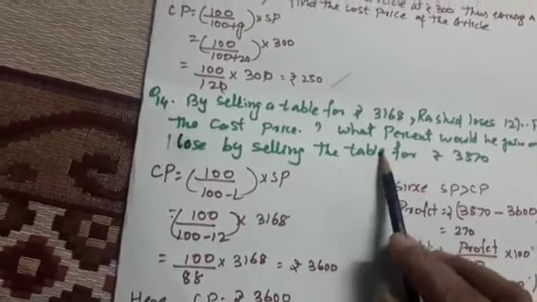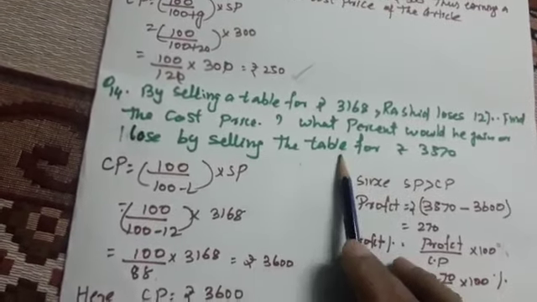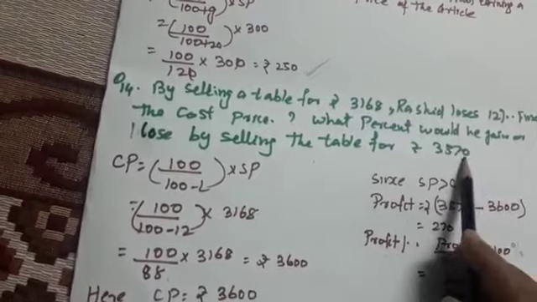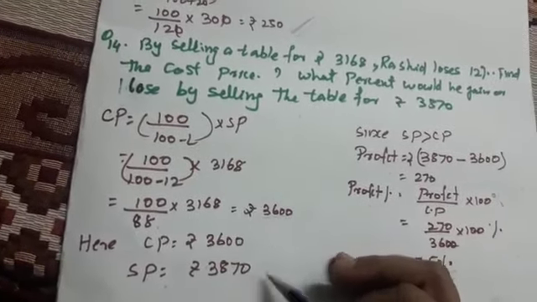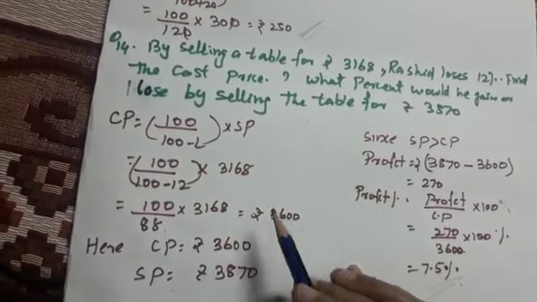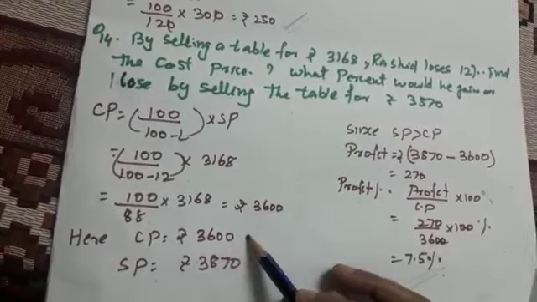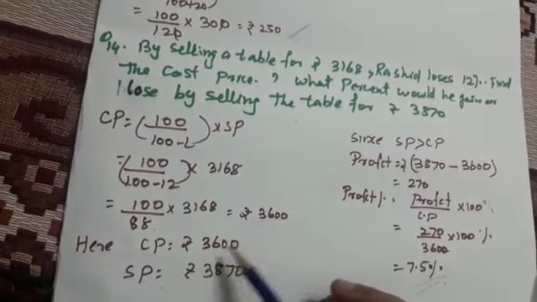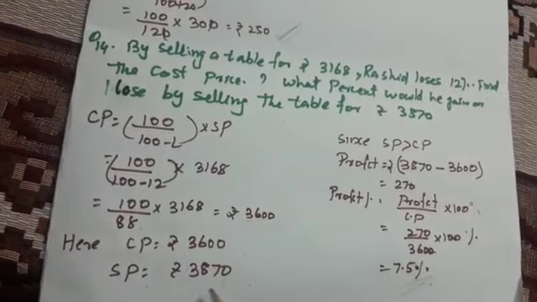Now see the second part. In the second part, selling the table, that means the SP of the table is given to you as 3,870, and we already got the CP as 3,600. When we compare these two, CP is rupees 3,600 and SP is rupees 3,870.